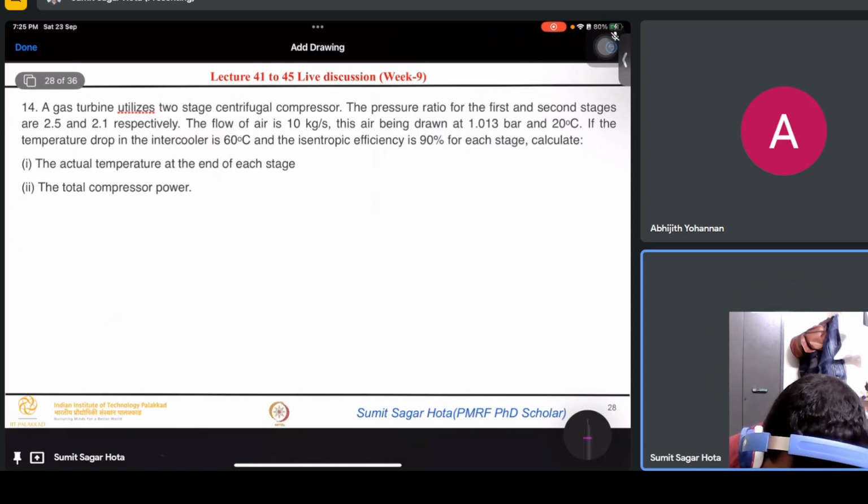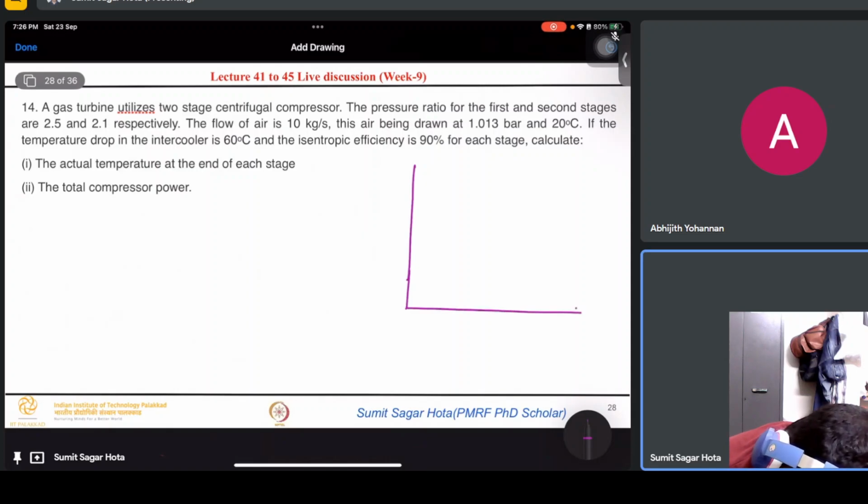If it is directly mentioned in the question that it's an Otto cycle or Brayton cycle, then you have to draw the full cycle. So this is your TS diagram.